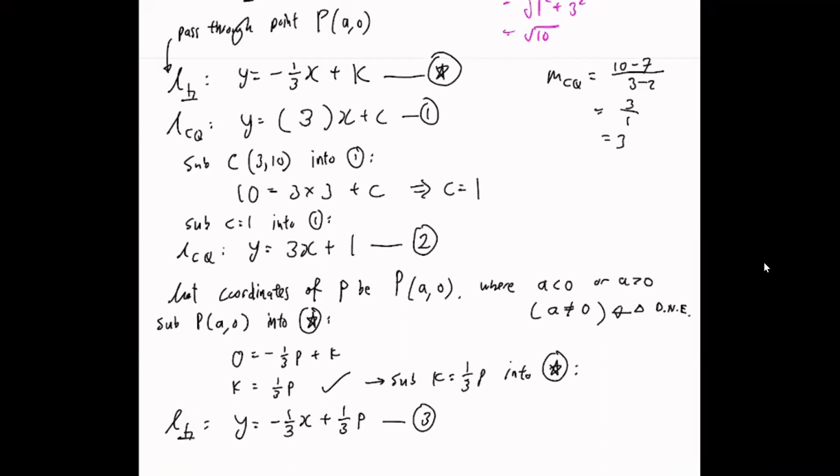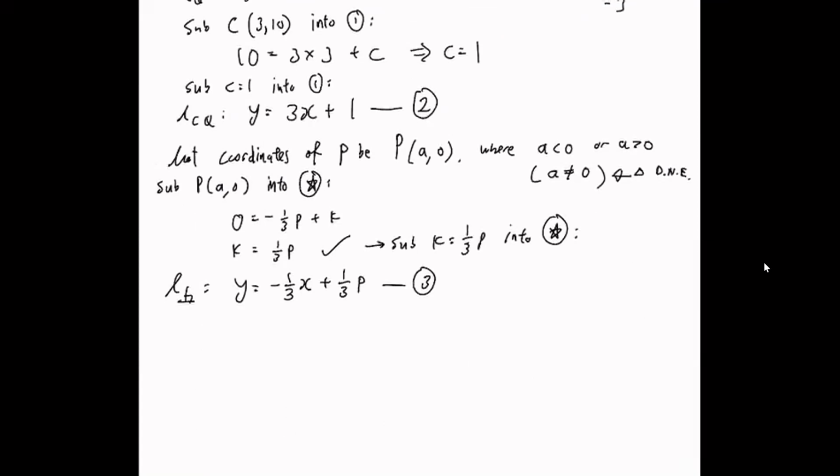What we want to do now is to find the intersection between them, and then we calculate. Let's just call the intersection point R. Let R be the point of intersection between line CQ and the perpendicular line. So how do we solve for the coordinates of R? Equate 2 to 3.